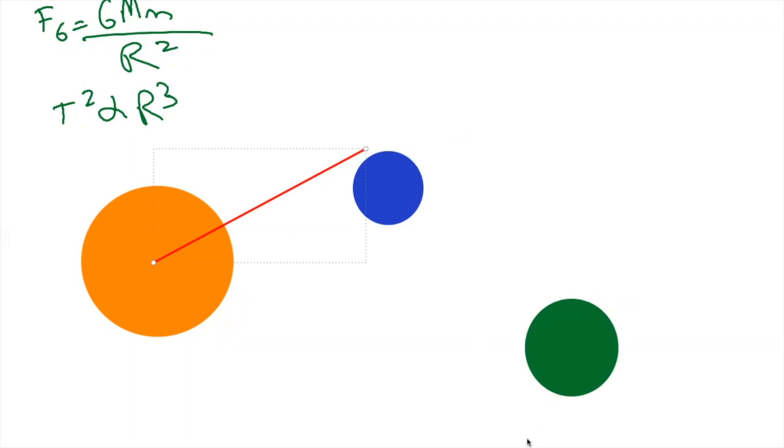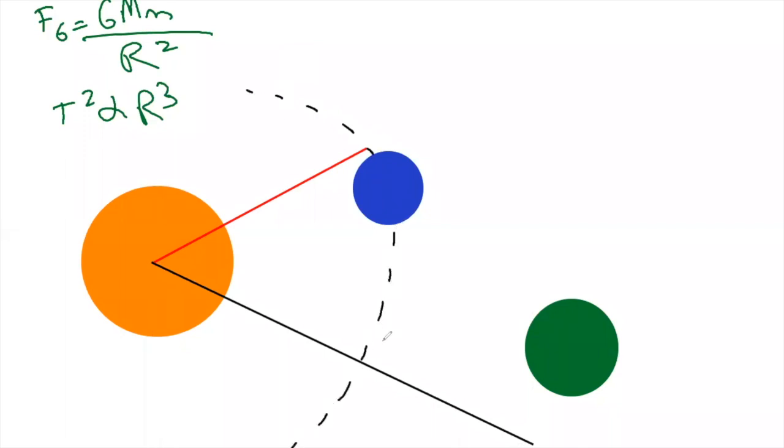We have two different orbits, orbit number 1 and orbit number 2. This is R1, and this is R2.